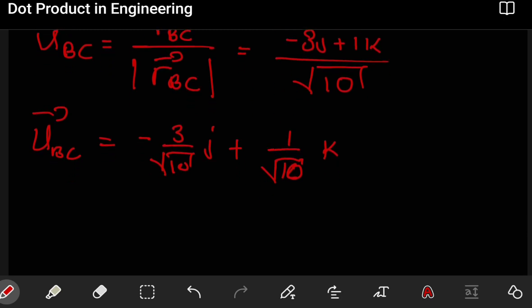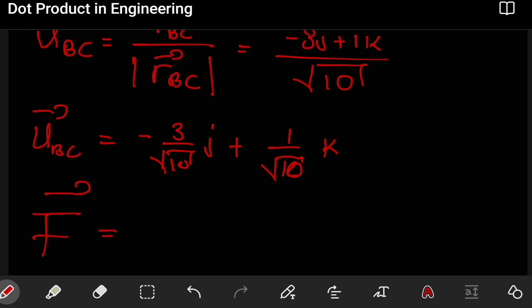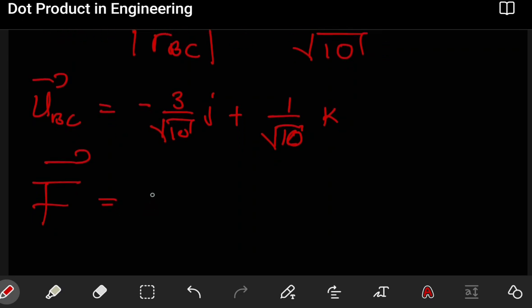So now that we have the unit vector, the force F in Cartesian vector form will be the magnitude of the force multiplying a unit vector pointing in the same direction as the force, from B to C.